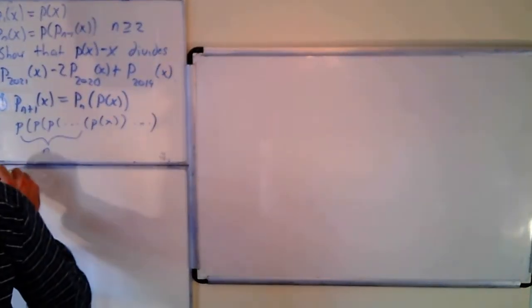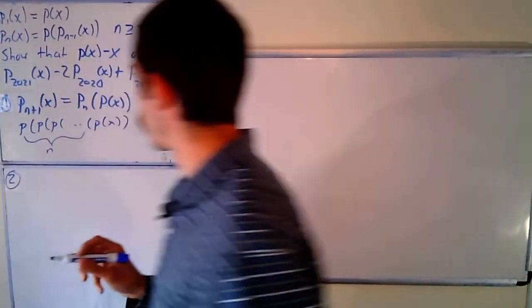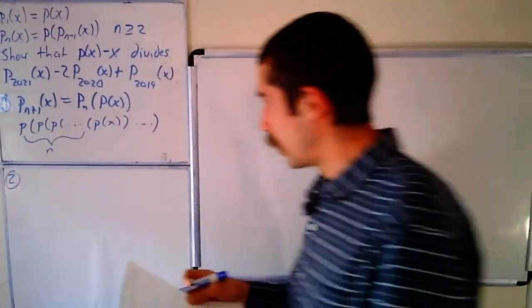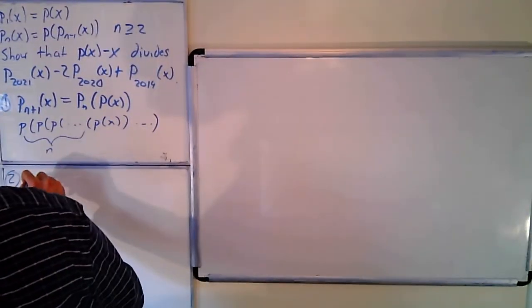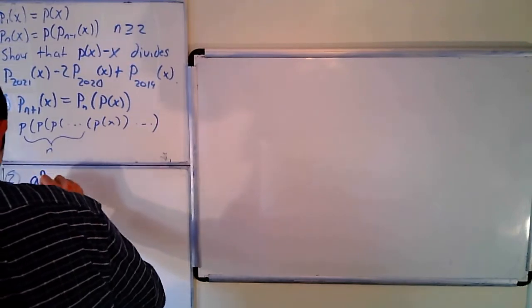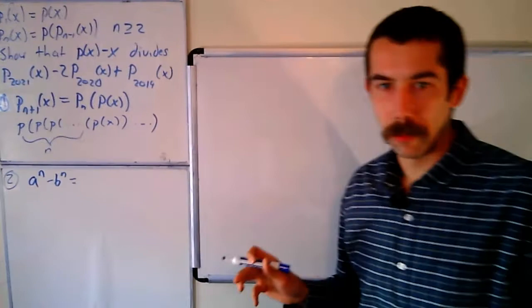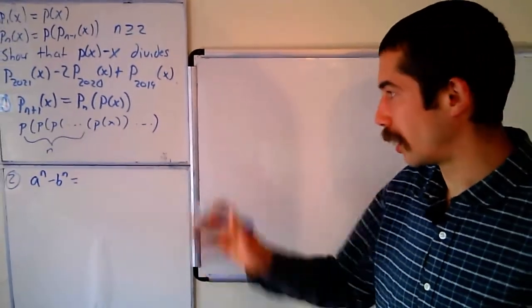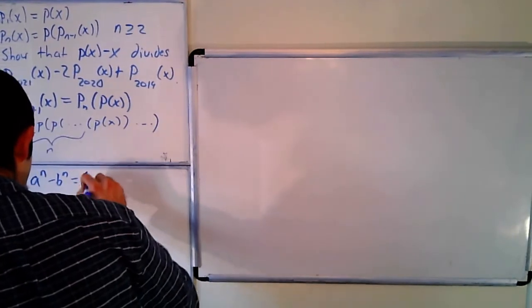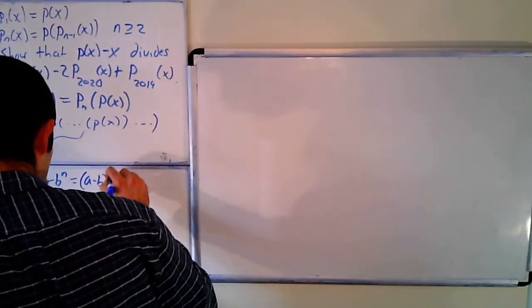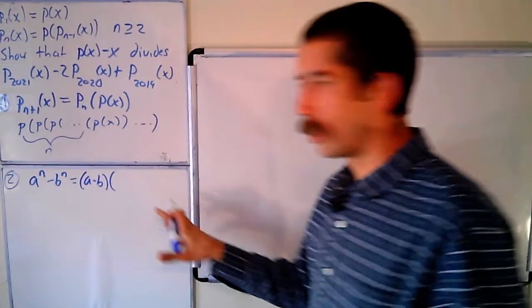Okay? So that's fact 1. Fact 2: so what's fact 2? For a and b, a to the n minus b to the n is equal to, well, we could factor out an a minus b. And what do we get left over?